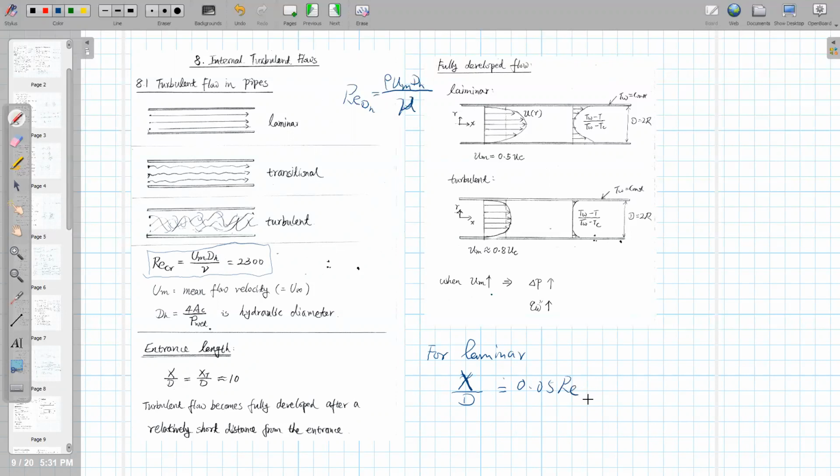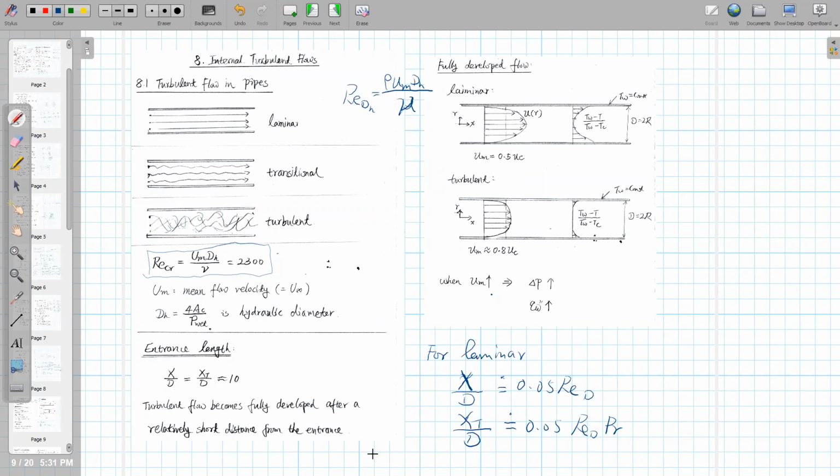And x over D for the thermal boundary layer is 0.05 Reynolds number times Prandtl number. This is what we have before for the laminar cases.